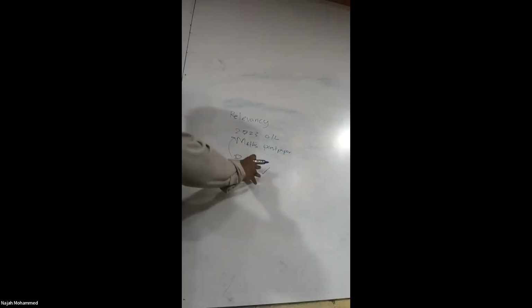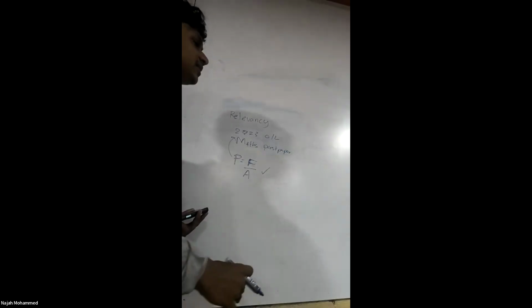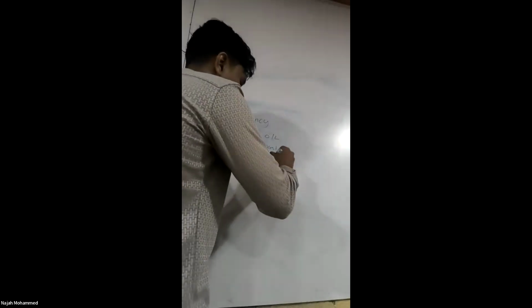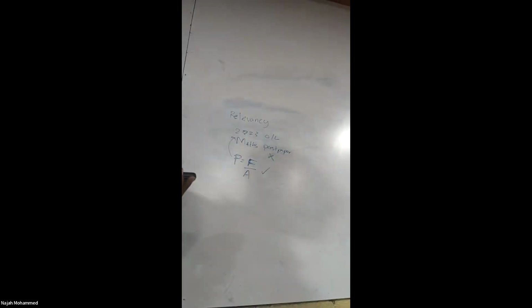But while you're talking about the Maths 2023 O-level past paper, he is talking about science. So there is no relevancy. You can't relate to that. Relevancy means connection. Is it connected to what you're talking about right now?